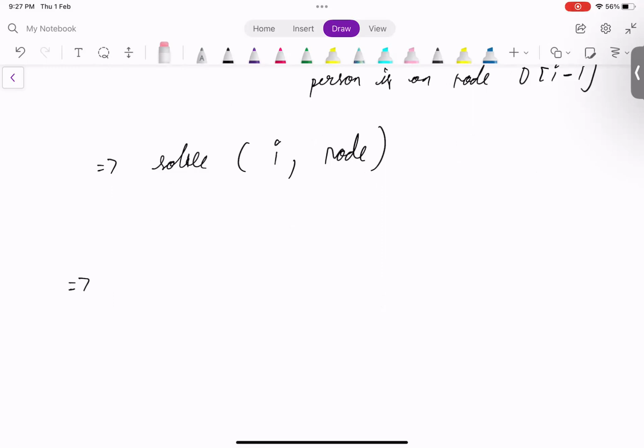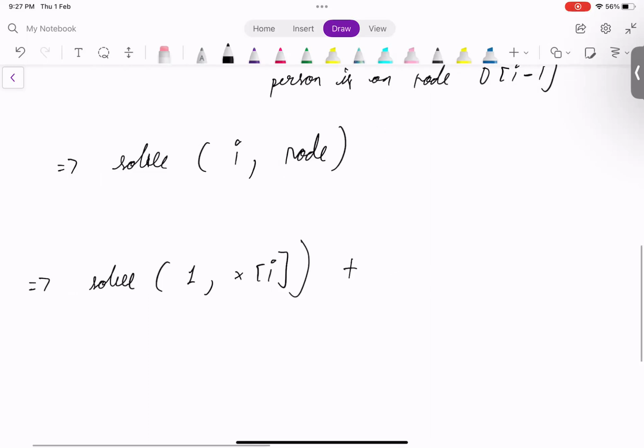Now initially, can we say that solve will be 1 comma x of I plus 2 into the distance between x of 0 and y of 0, right?